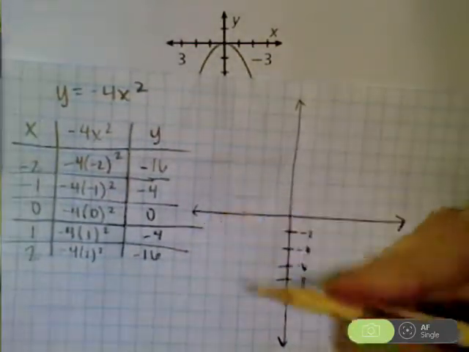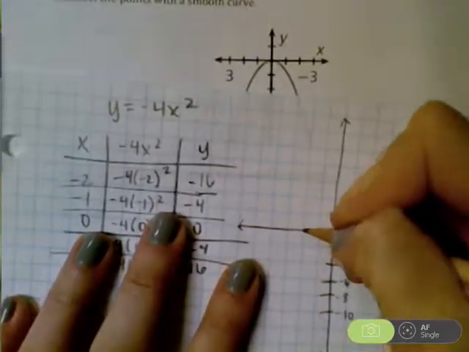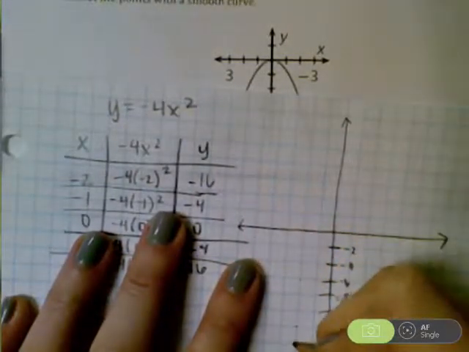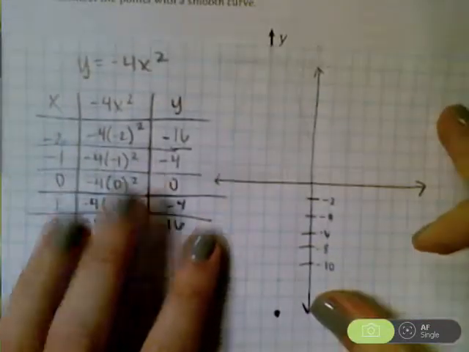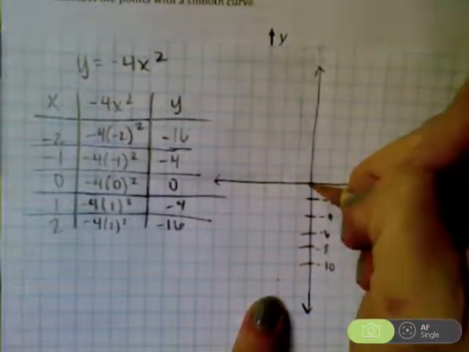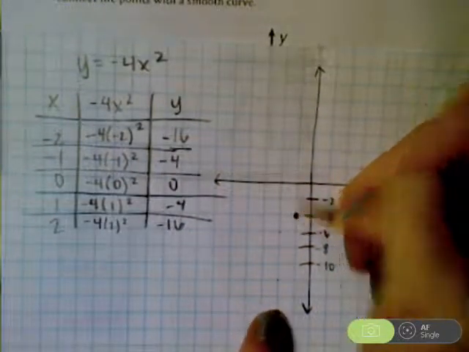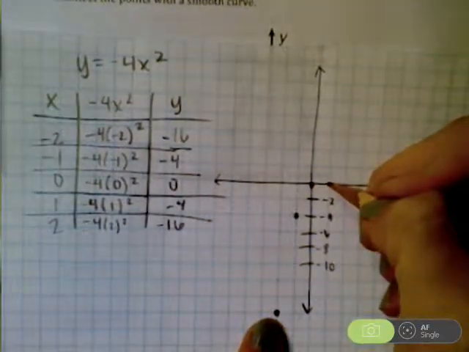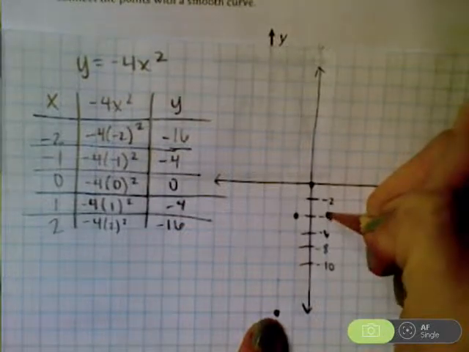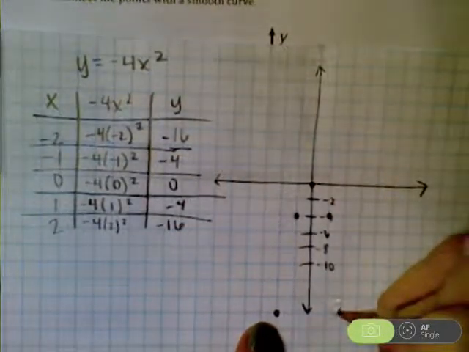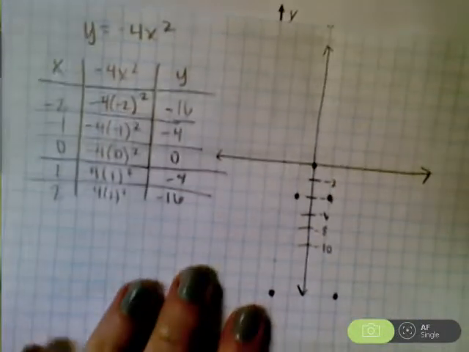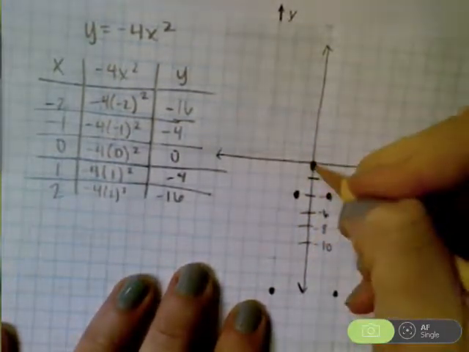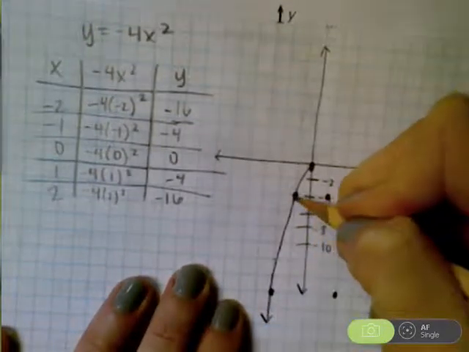And then just plot those 5 points, -2, -16. -1, -4. Once you have all 5 points plotted, you need to connect the points to create your smooth curve.